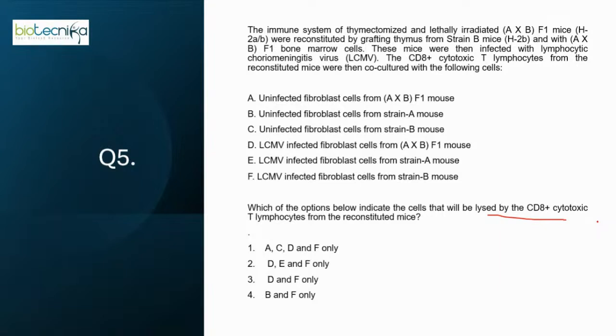Okay, so you want me to give the answer? So see, here since the thymus is from your strain B, strain B mice H2B, the CD8 T cells will be restricted to your H2B molecules. So the reconstituted immune system has originated from your A into B F1 bone marrow cells.